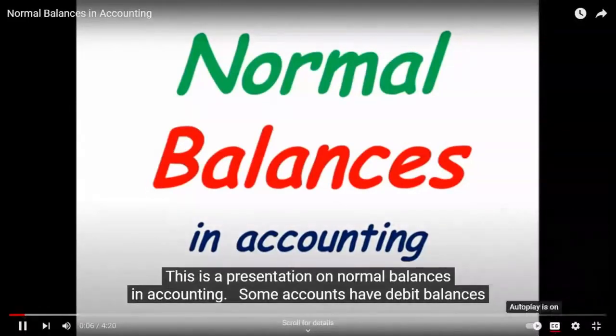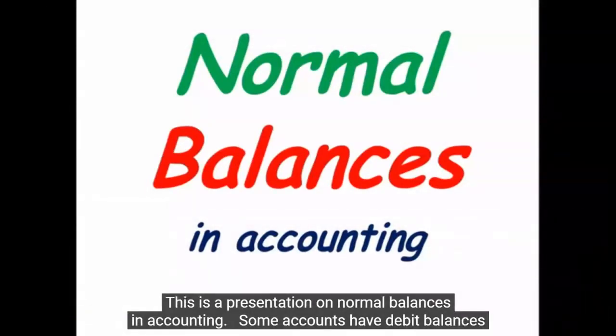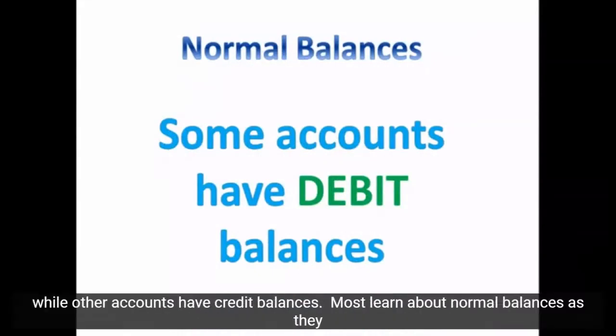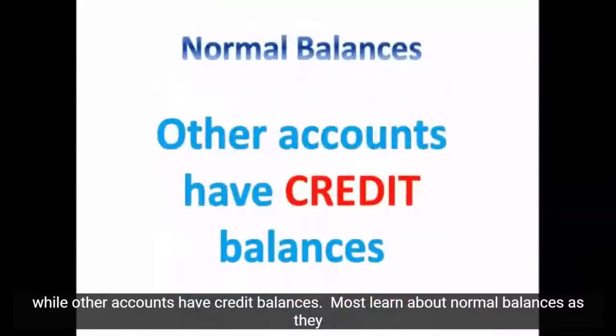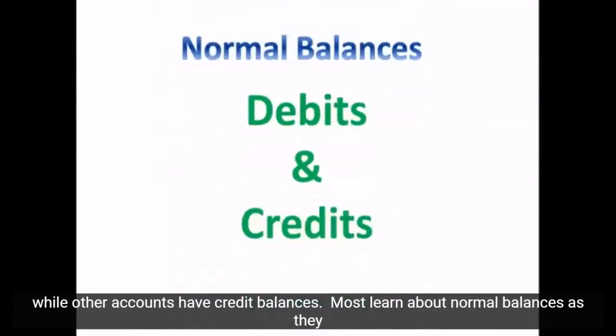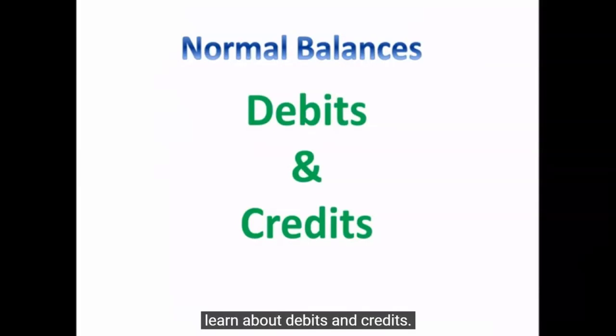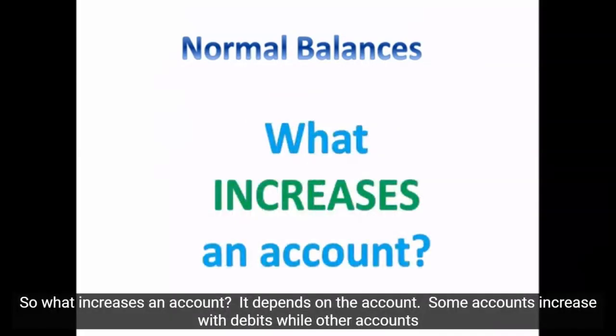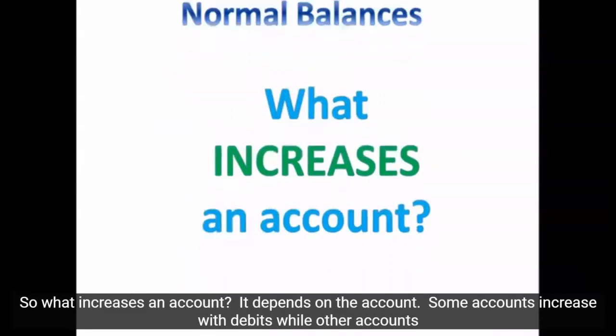This is a presentation on normal balances in accounting. Some accounts have debit balances, while other accounts have credit balances. Most learn about normal balances as they learn about debits and credits. So what increases an account?